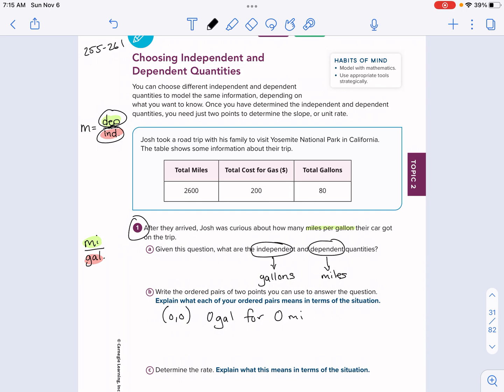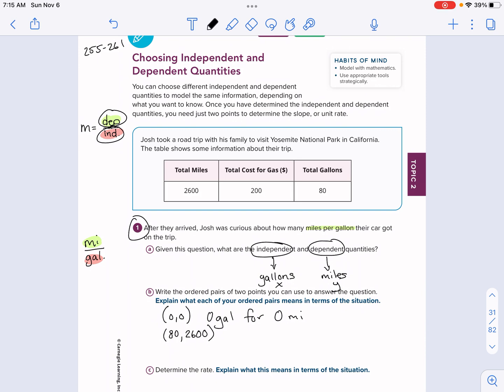Since the independent variable is x and the dependent variable is y, an ordered pair is always x comma y. The other thing we have, x is gallons, so what do we have here that represents gallons? We have 80. And here, what represents miles? That is 2,600. So what does that ordered pair mean?